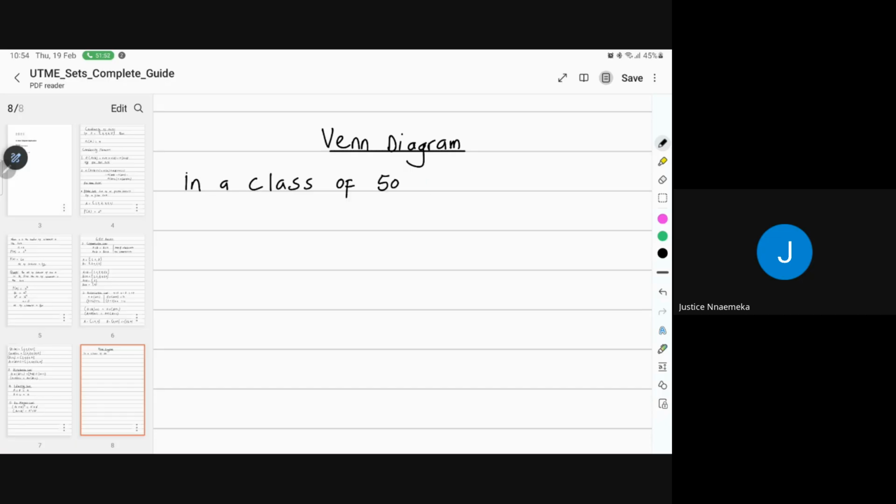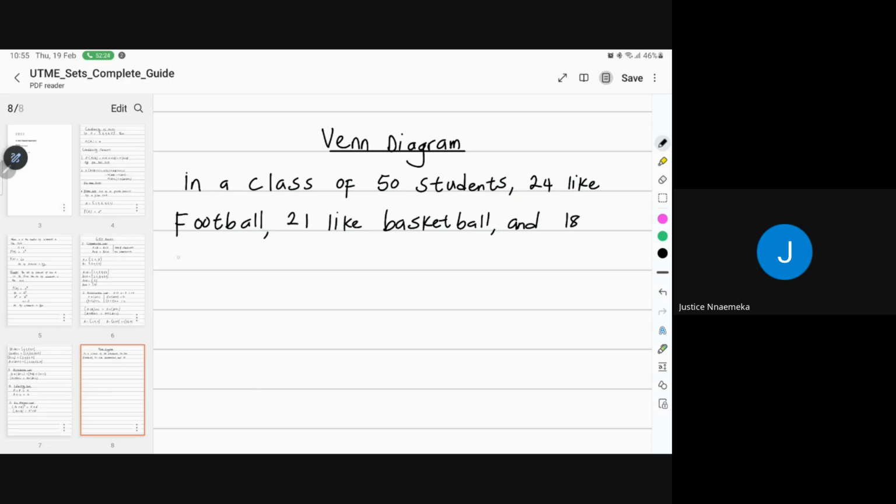of 50 students, 24 like football, 21 like basketball, and 18 like cricket.